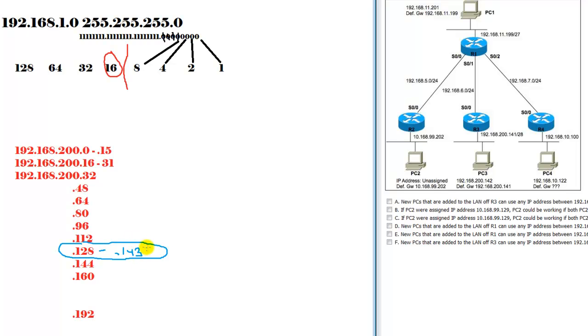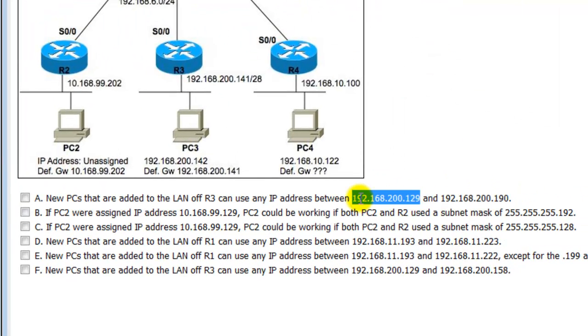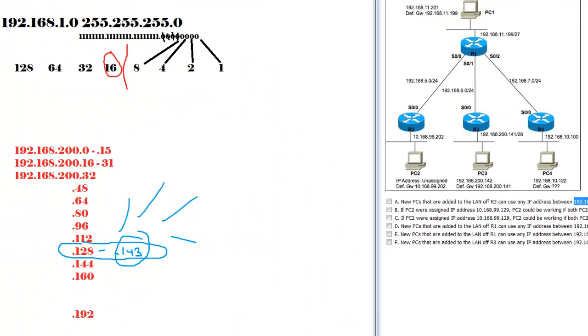But 143 is a broadcast address, so it's used to broadcast to all hosts in this network. Okay, so that's fine. And 190 is in a different network, the one network that I left out, dot 176, and that would go up to 191.